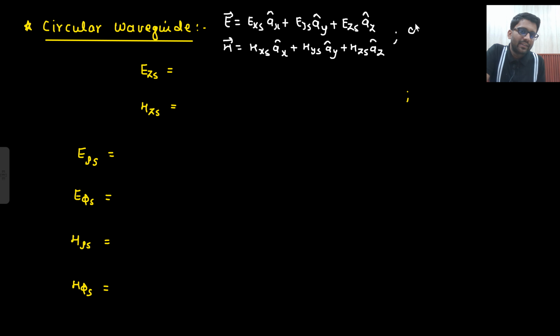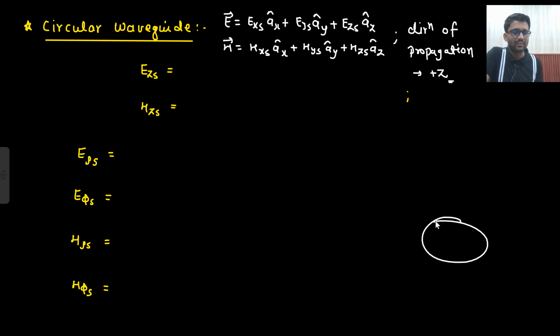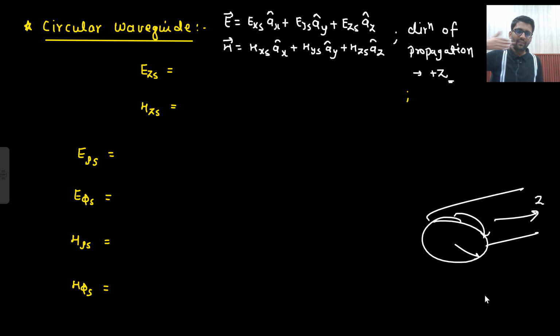And what did we assume as the direction of propagation? The direction of propagation is plus Z. This is what we assumed because this is our waveguide. So this is our rho, this is our phi, and Z will be along this. In Z we have open space, so it will travel along Z. So the direction of propagation is along the Z direction.